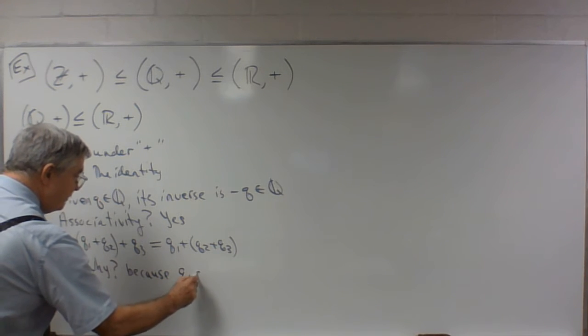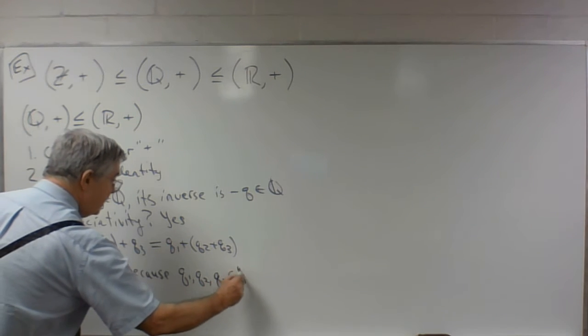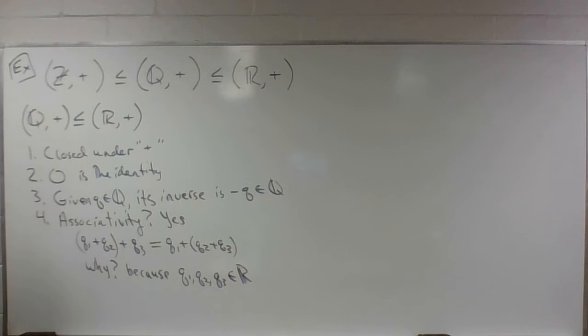Now, why is that? Essentially, it's because q1, q2, and q3 are not only rational numbers, they're real numbers.